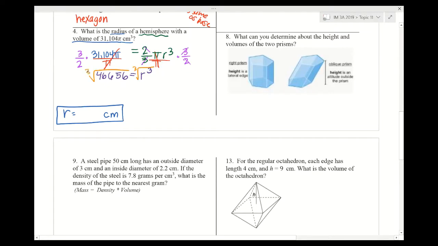So the cube root of 46,656 is 36. So r equals 36 means that the answer is 36 centimeters. So I'm just undoing all of the operations that are in the formula for the volume after I set it equal to the volume that was given.